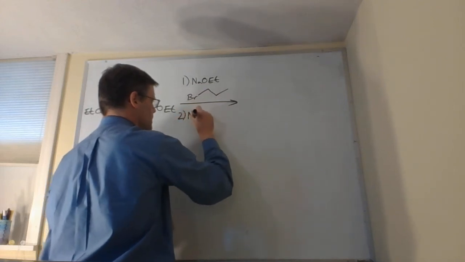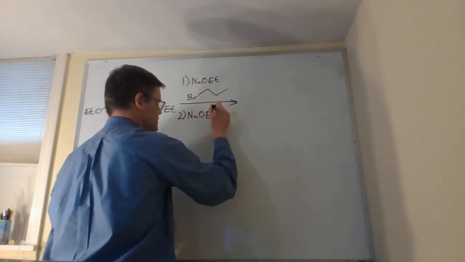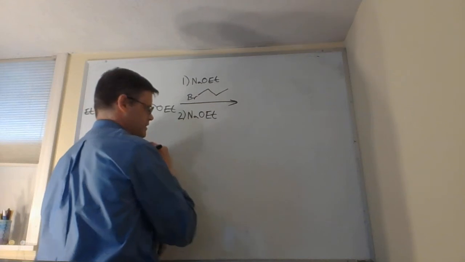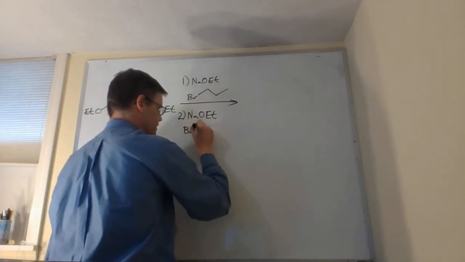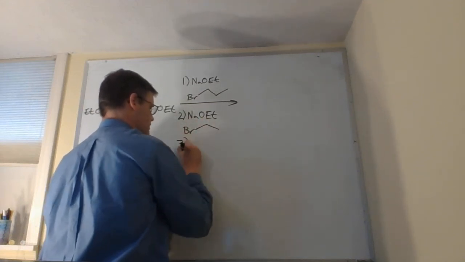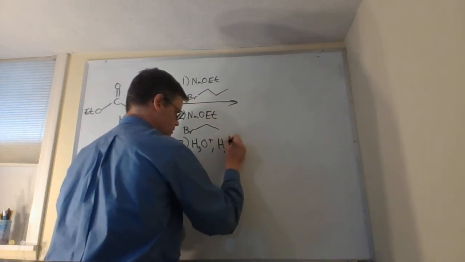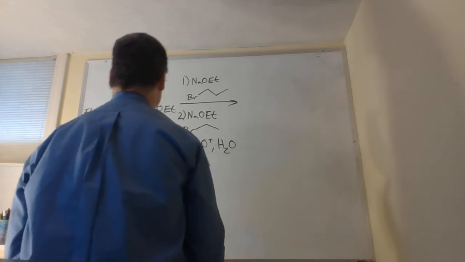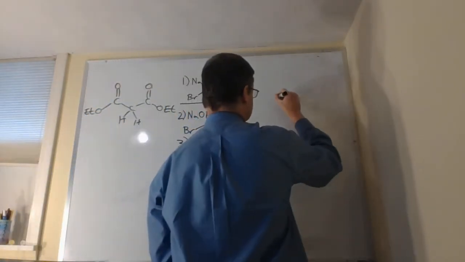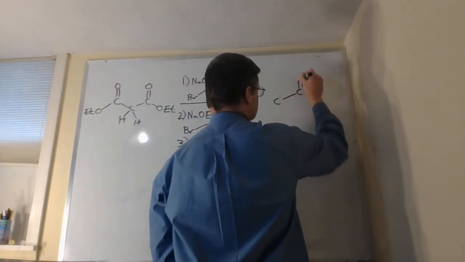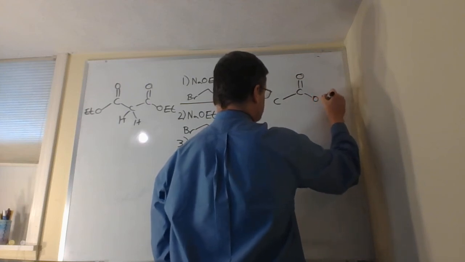And then I could do a second step that's sodium methoxide and maybe a 2-carbon alkyl halide. And then we can have a third step that was H3O plus, H2O, and heat. And then ultimately, the product's going to be a carboxylic acid.